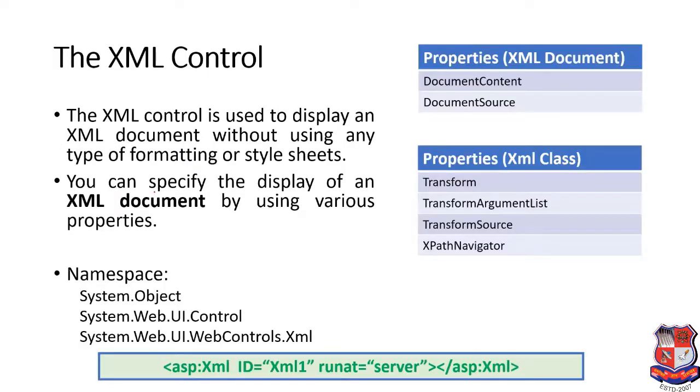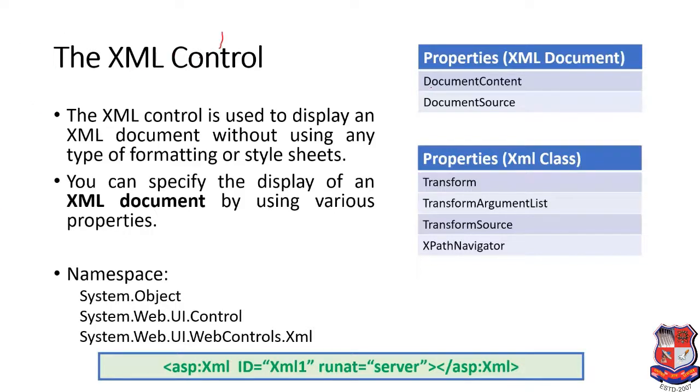The XML control is used to display an XML document without using any type of formatting or style sets. You can specify the display of an XML document by using various properties. Over here we can see two different properties of XML document.